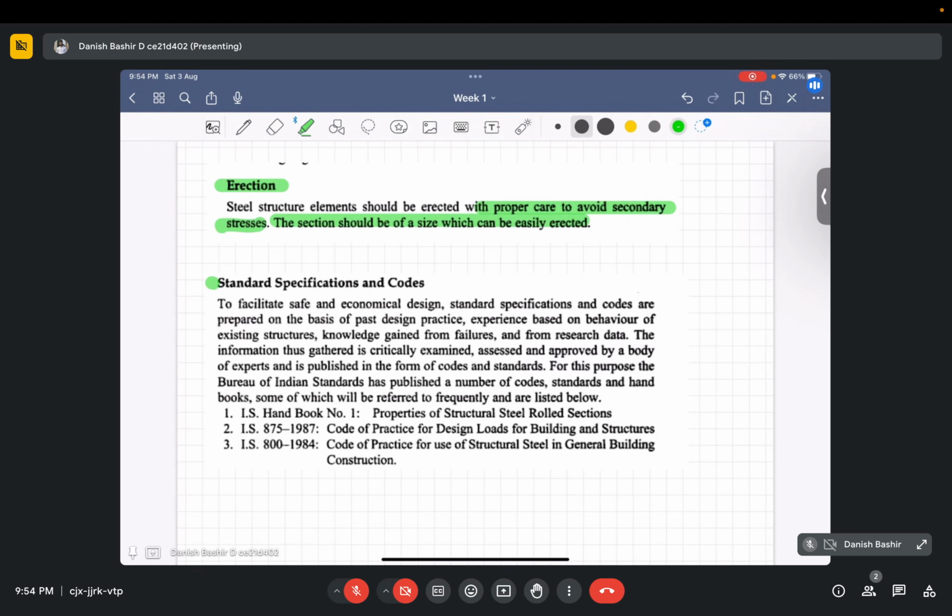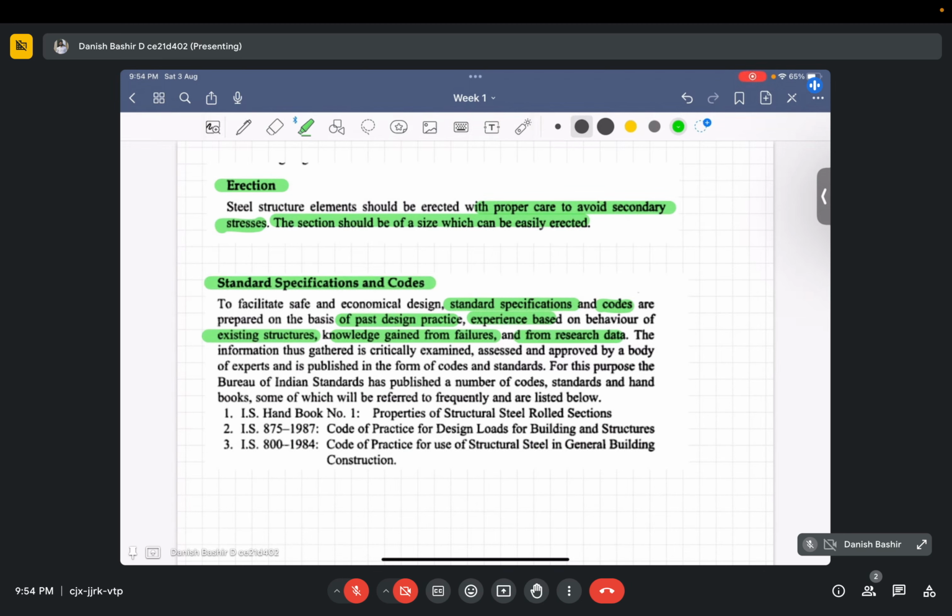And then in the design process come the standard specifications and the codes for the safe and economical design of the sections. There are standard specifications and codes available, and these are prepared on the basis of past design practices, as well as experience, the behavior of existing structures, knowledge gained from failures, and fresh research data as well.